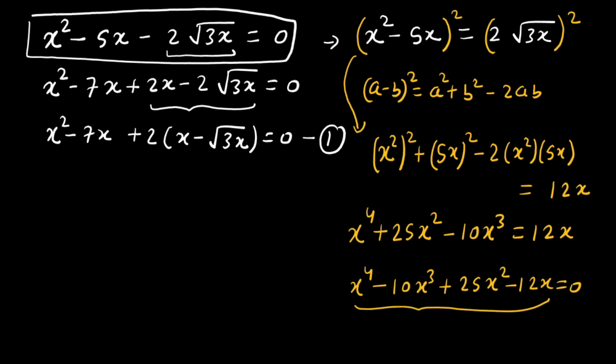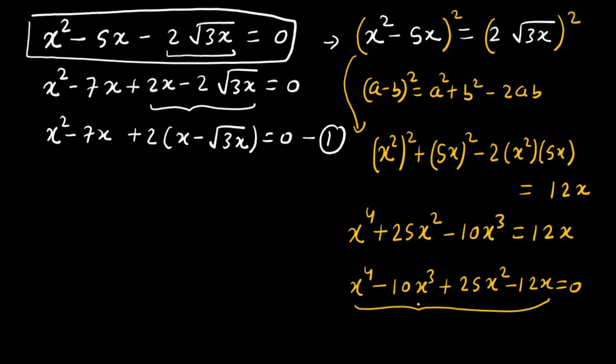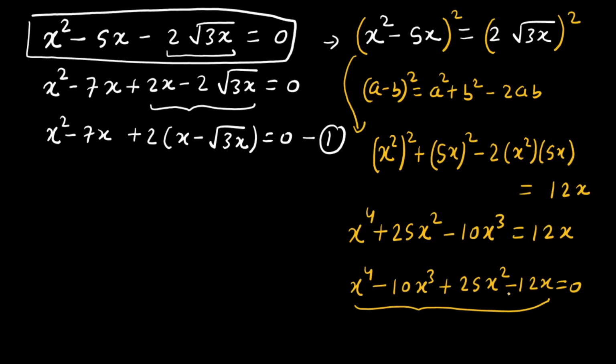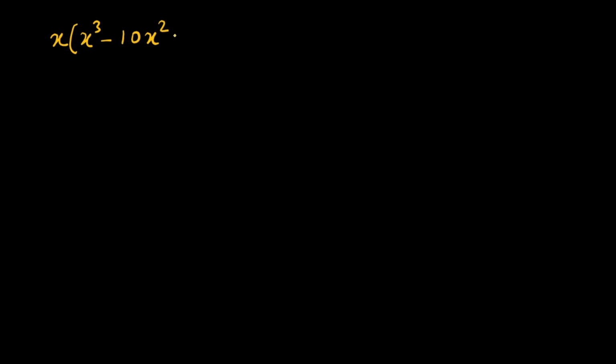Here if we take x common, then x cubed minus 10x squared plus 25x minus 12 equals 0.